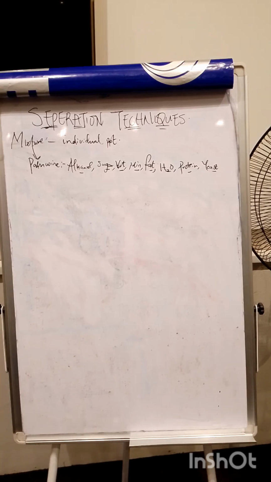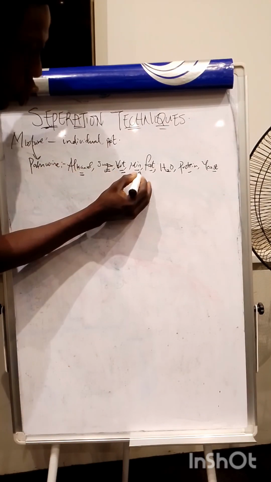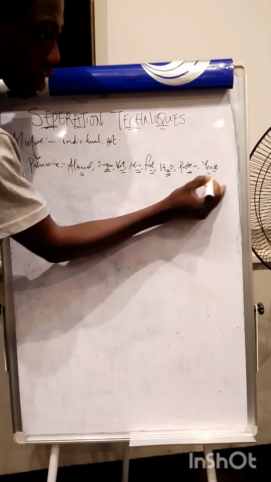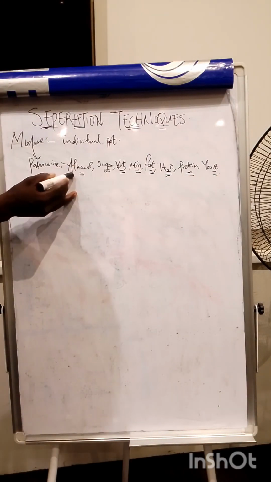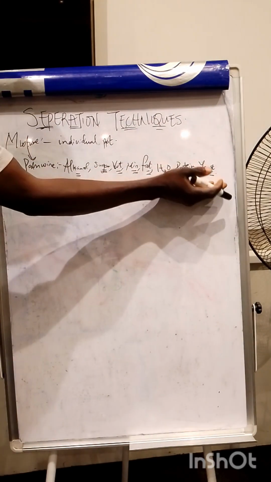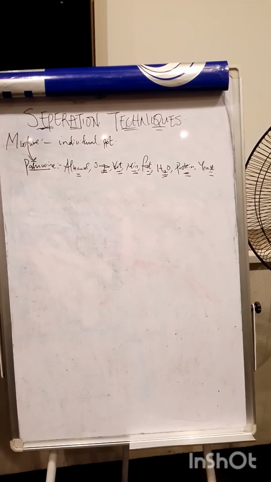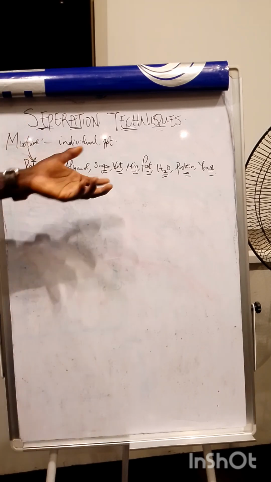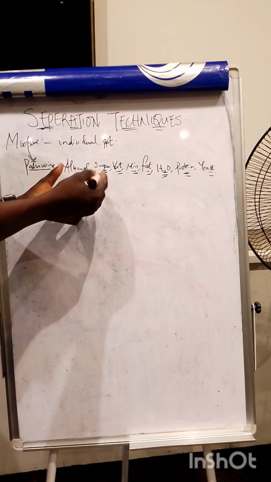Now we see that each constituent of a mixture retains its individual properties. For example, if these eight things mix together, bringing us to a mixture here, normally the properties would be supposed to mix together.